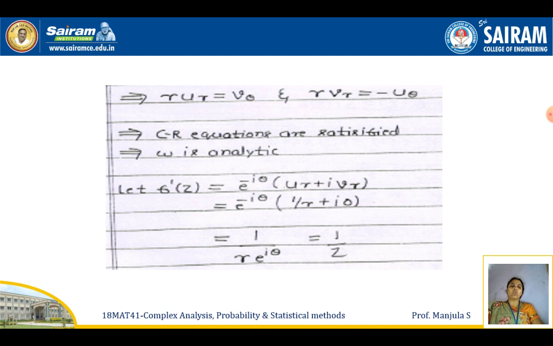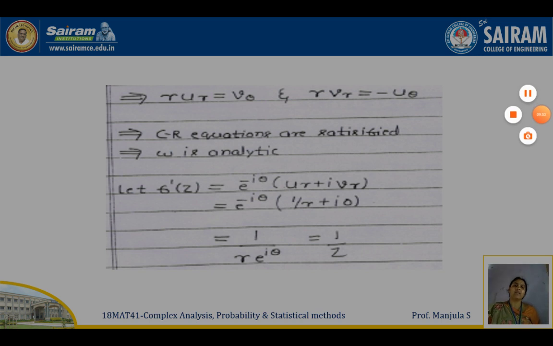Now we'll find the derivative. Let f dash of z be e to the power minus i theta into ur plus i into vr. Here ur means 1 by r plus i into 0. So 1 by r into e to the power i theta, that is 1 by z. This is the derivative of the given function.